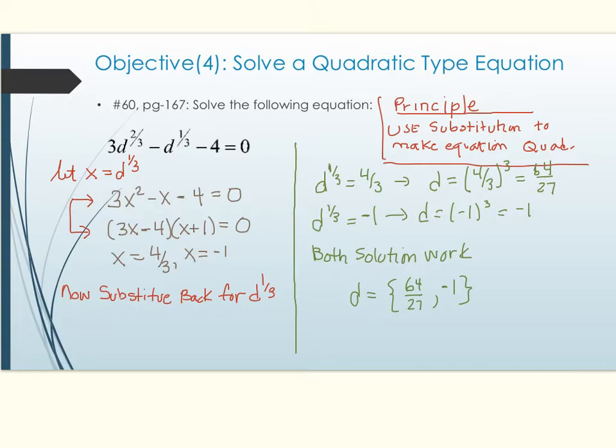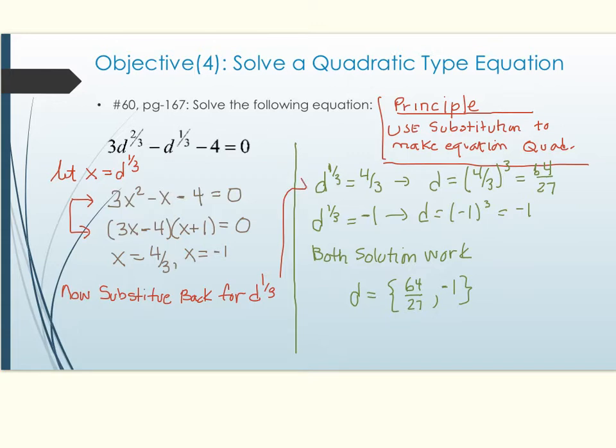We get 3x minus 4 times x plus 1. And so for x now, we get the roots x equals 4/3 and x equals minus 1. But this is not d. We're solving for d. So now we have to substitute back in for d to the 1/3.